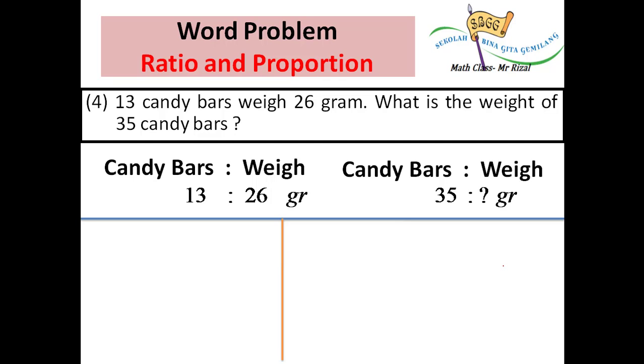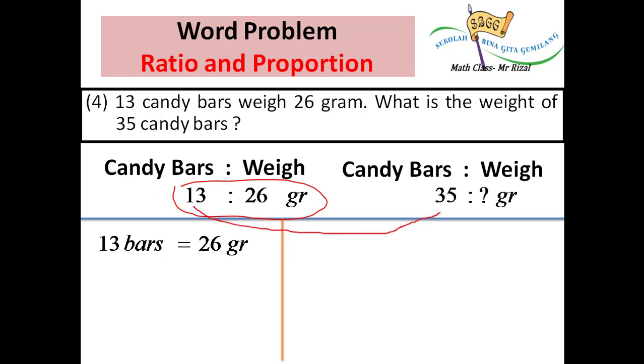Okay, after this first step has been done, let's go to the next step. You need to rewrite this. So 13 candy bars equal 26 grams. What changed? 13 changed into 35 because the number of candy bars changed, so we must change 13 into 1.